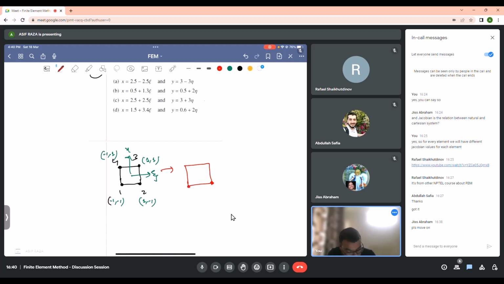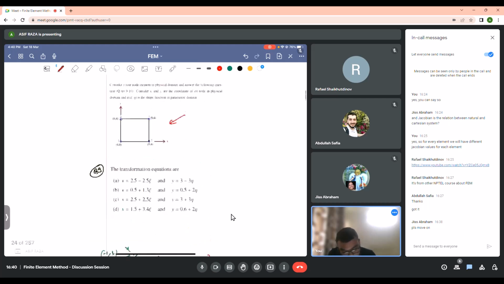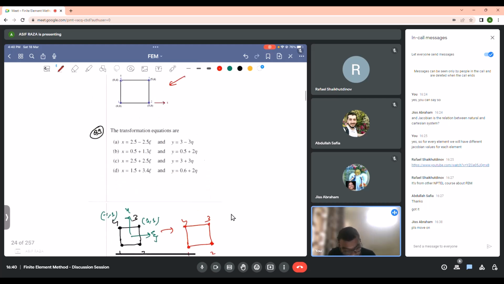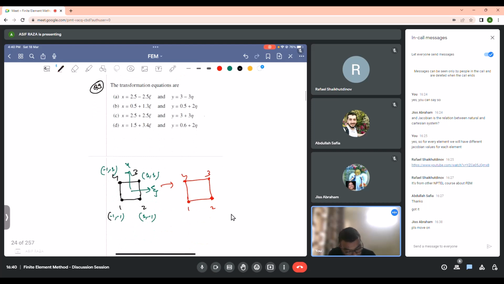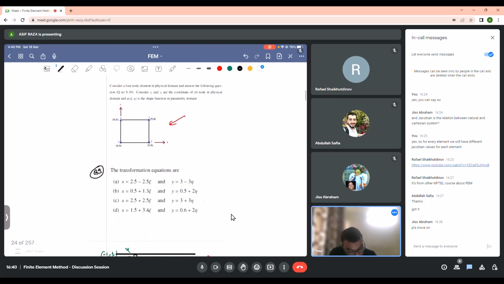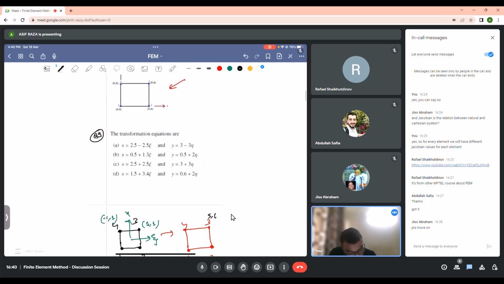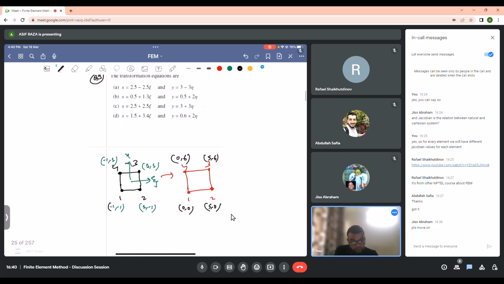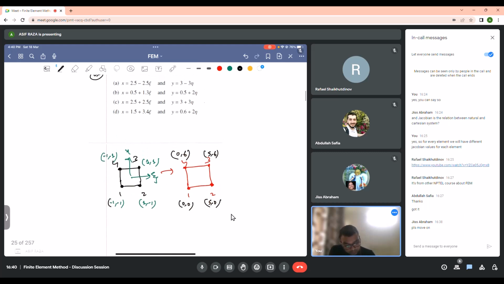This is node 1, 2, 3, 4. And this is having 0 comma 0, this is 5 comma 0, this is 5 comma 6 and 0 comma 6. This is what is there.